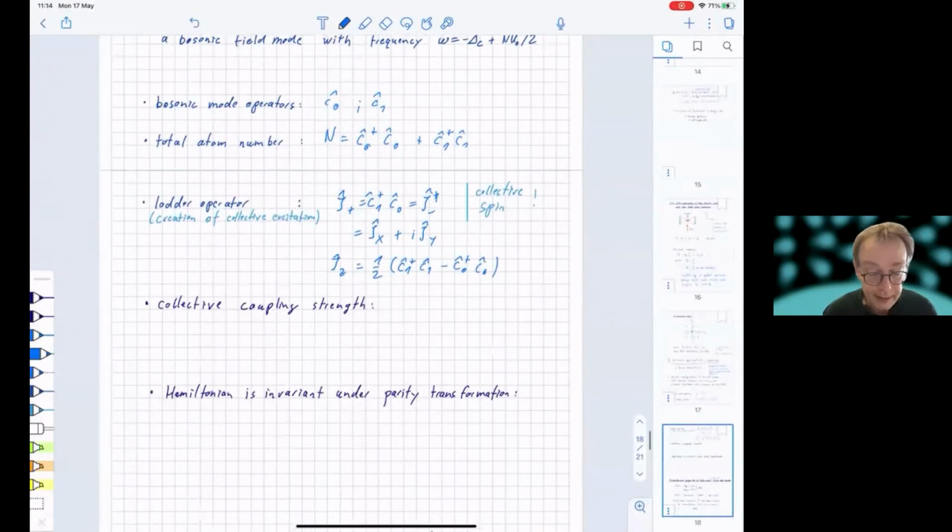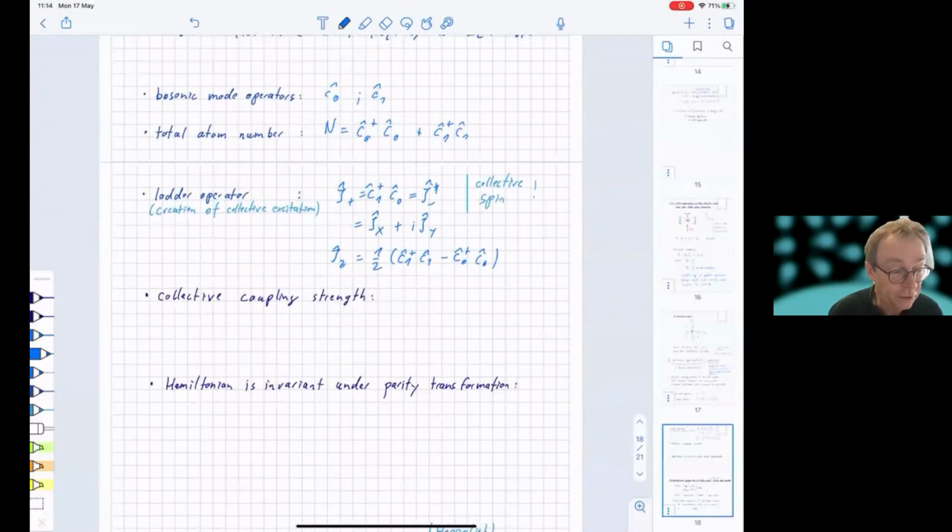Okay, and the collective coupling strength. Since each atom, if you couple, you get a collective enhancement, because if you have a photon, each atom can absorb this photon, and you get the corresponding collective coupling. I mean, like having a huge dipole.